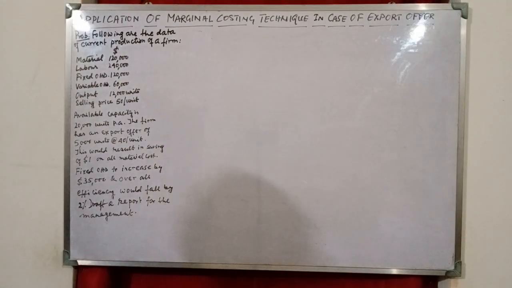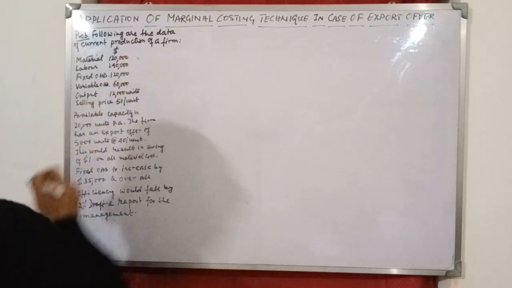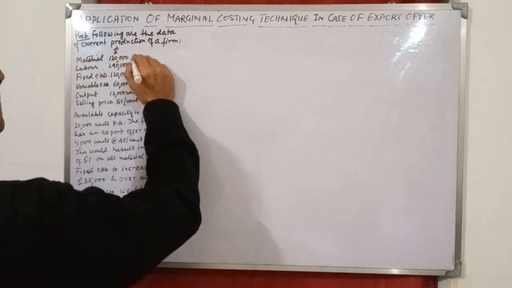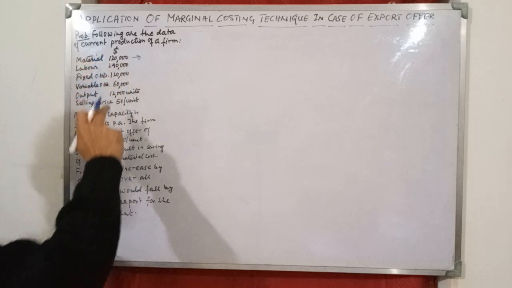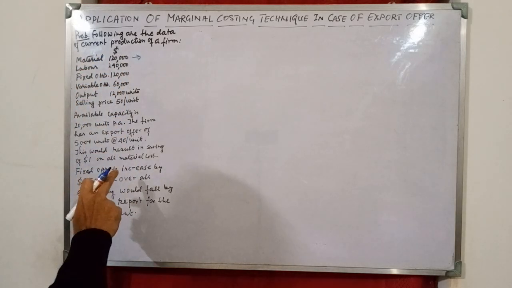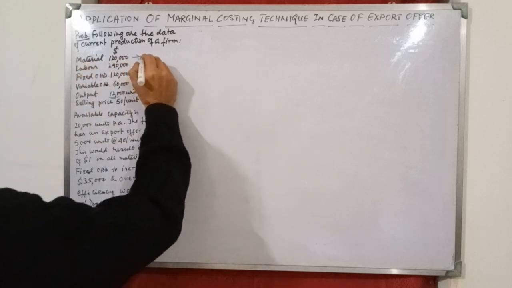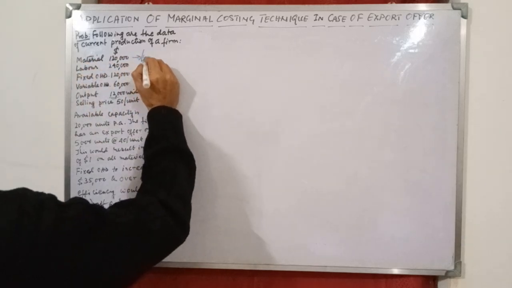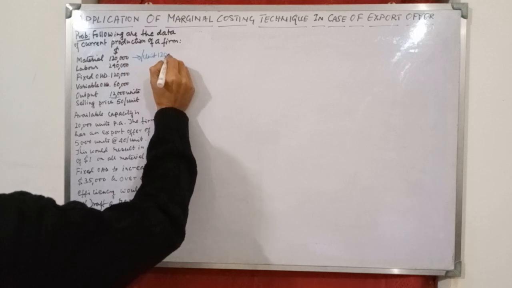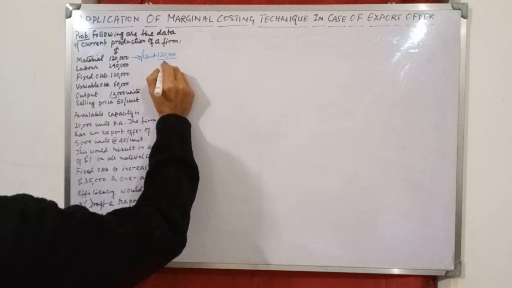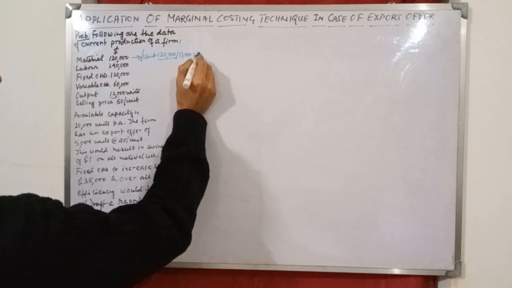Now here I shall make some workings. Material cost 120,000 and currently the firm is selling 12,000 units. So material cost per unit is 120,000 divided by 12,000 equals 10.